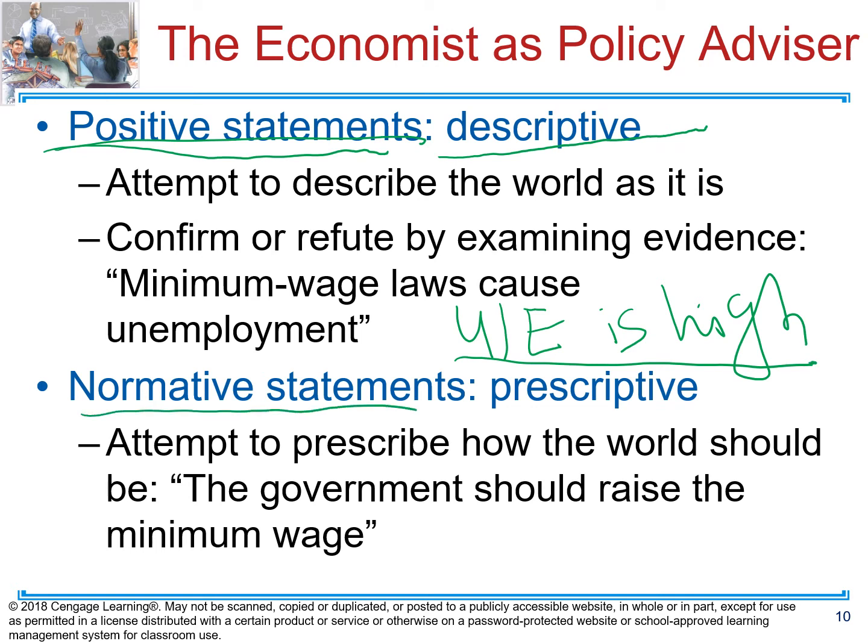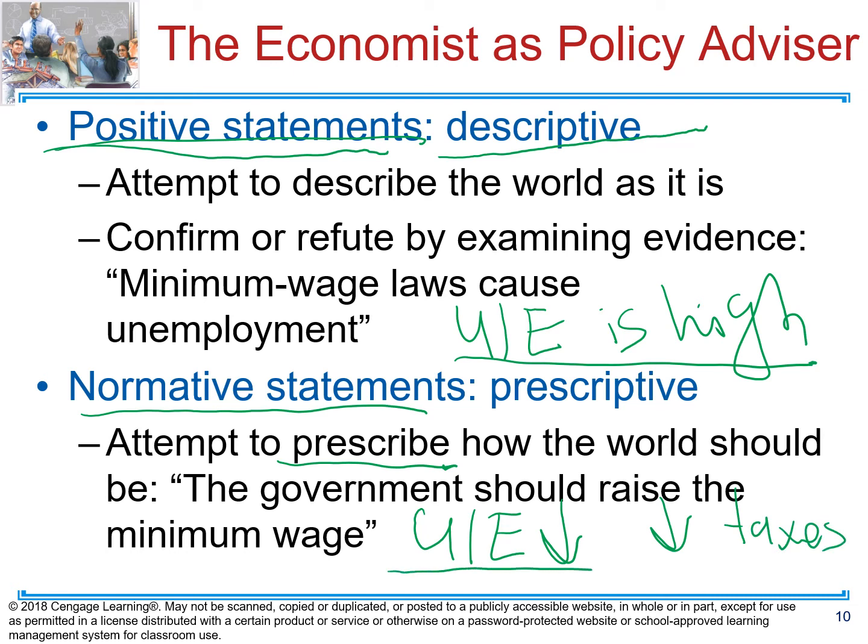That's bad for the economy, but it's a positive statement because we just describe what happened. In order to make a normative statement, we need to prescribe what to do. We need to advise how to improve the world. A normative statement is going to be, for example, to lower unemployment, let's suppose the government should lower taxes. This statement is normative because it recommends what to do.